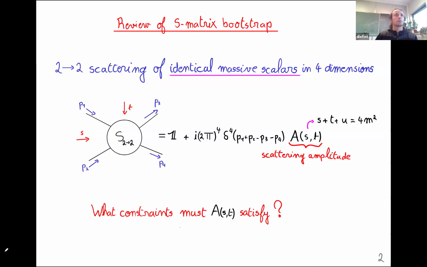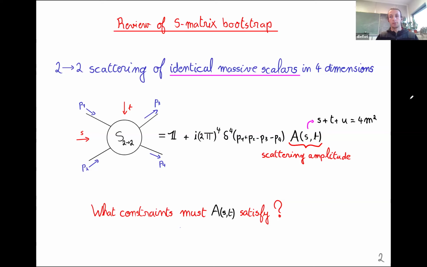First, in this talk, I will only consider 2-to-2 scattering of identical massive scalars in 4 dimensions. In this case, we have the scattering amplitude, which is a function of 2 variables, s and t.